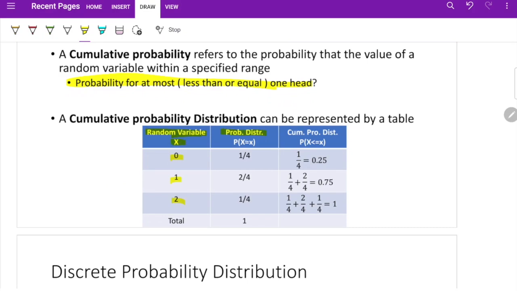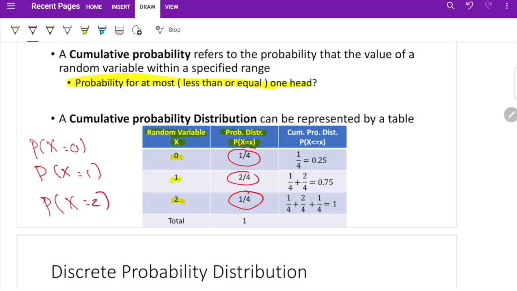The probability distribution, as I did in the previous slide: the probability of X equals 0 is what? The probability of X equals 1 is what? Why do I have capital letter, small letter? Just to distinguish, okay? Capital X is the random variable, and little x is its value. So the probability of X equals 2, it is this, right?